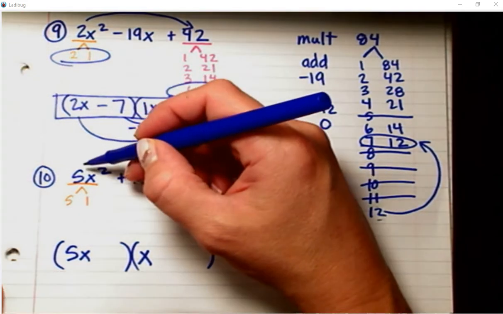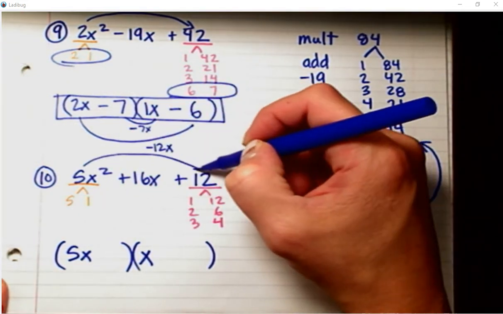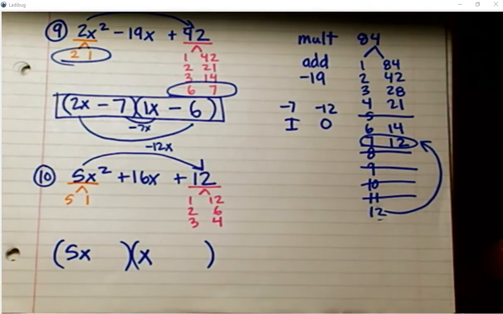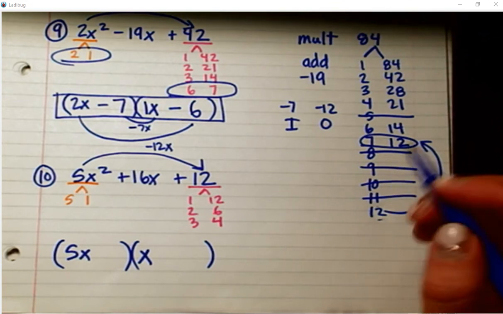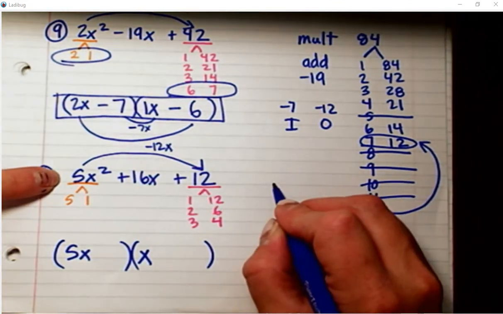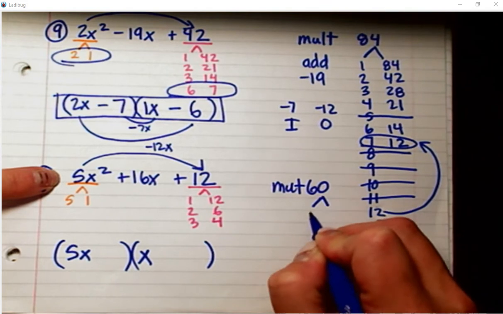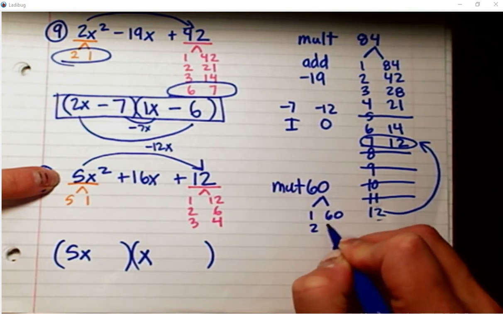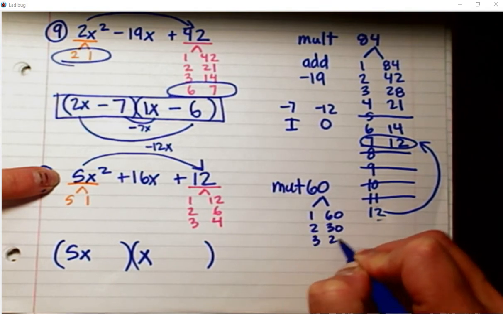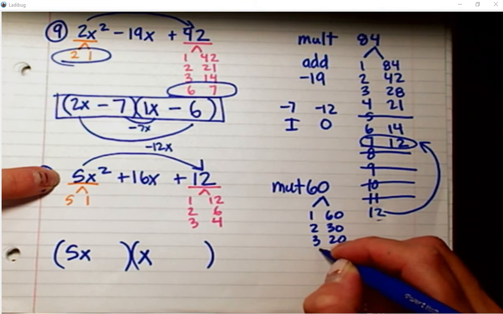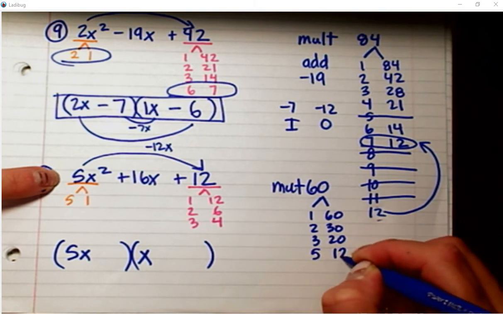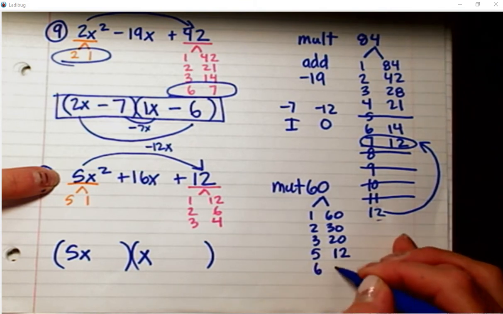So I try to narrow my choices down here. I'm going to multiply to 60. Four, nope. 5, yes. 6, yes.